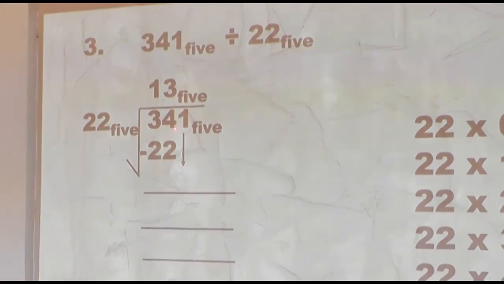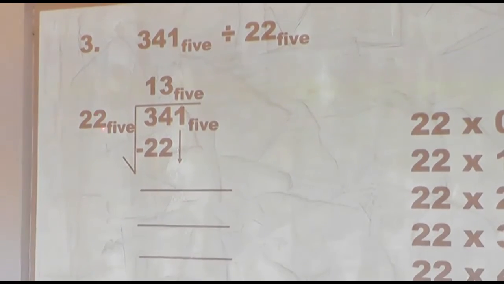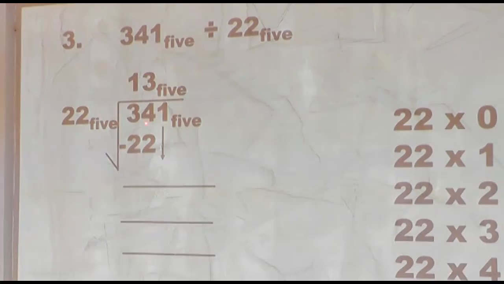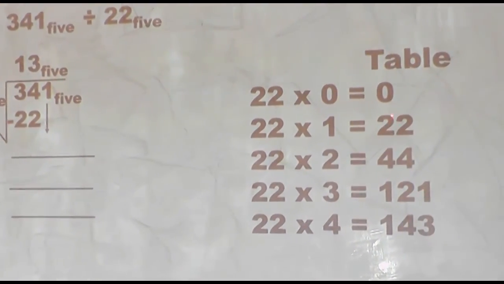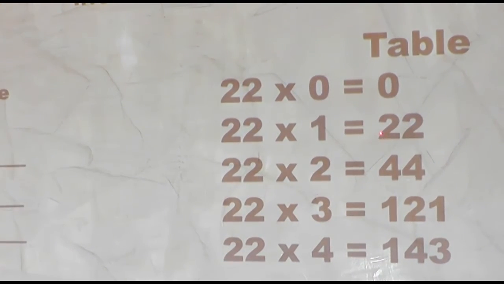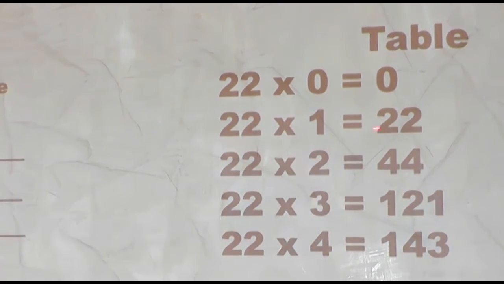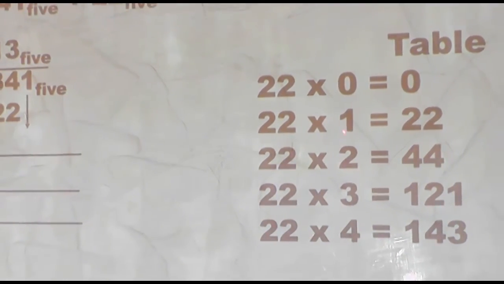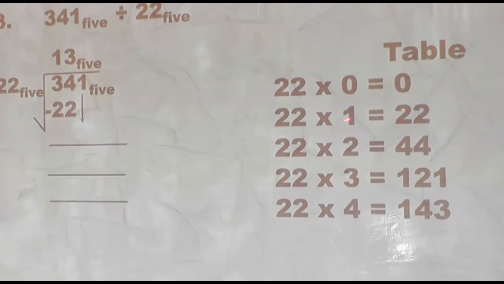So we add this next digit to it so that it will be greater and divisible by 22. So here 22 dividing 34. Let's look at our table. What do we have closest or equal to 34? Okay, I think what we have now is 22. 44 is already more than 34. So we'll go for 22. We are looking for the closest to it or equal to it. We are not looking for something bigger.